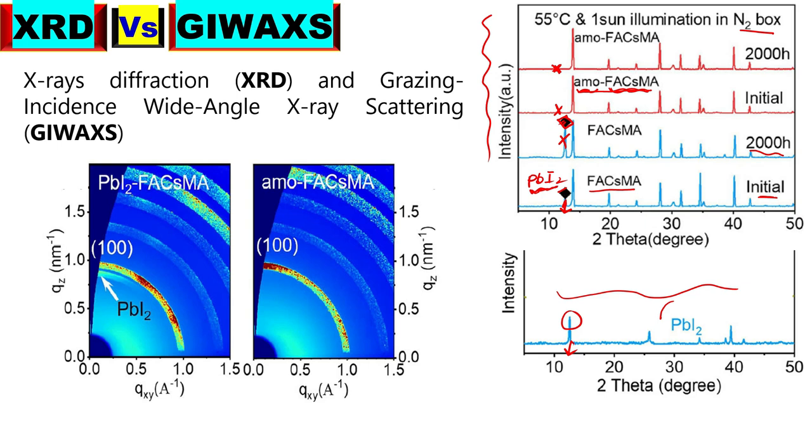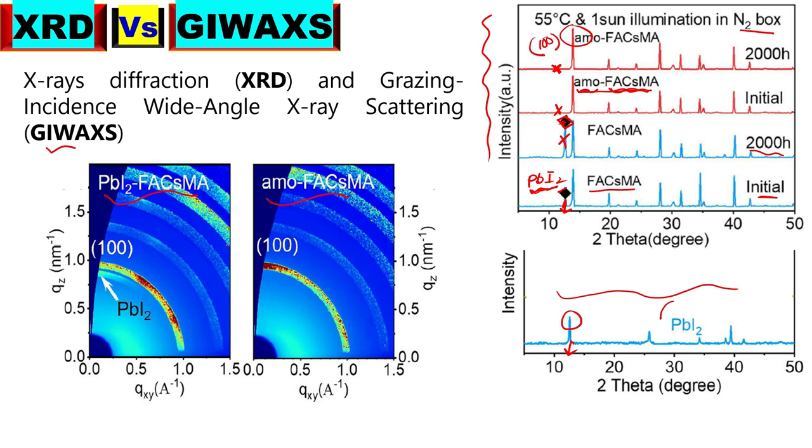Now let's compare it with grazing incident wide angle X-ray scattering. Here we have two samples. This is the first sample and this is the second sample. This is the main peak, the 100 peak.